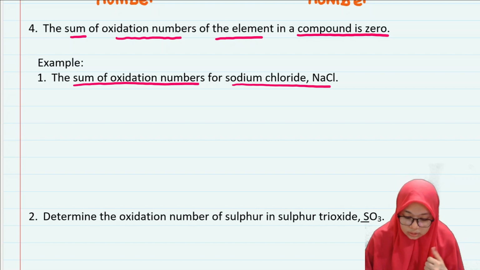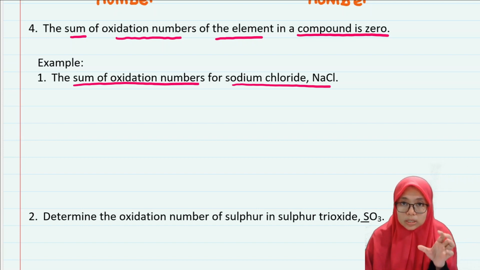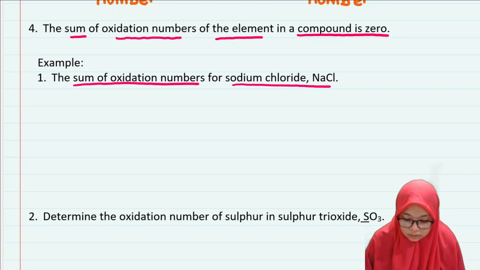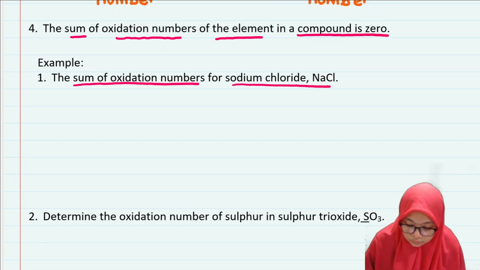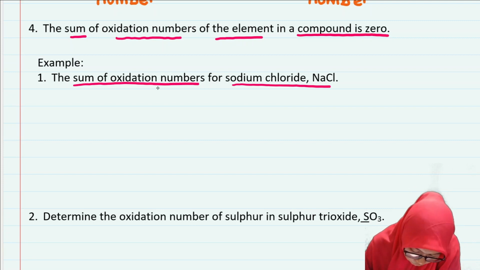So now we are summing. Okay, kita nak cari hasil tambah. Okay, oxidation number for sodium chloride. So what does it mean by total oxidation number? So let me write down the total oxidation number.